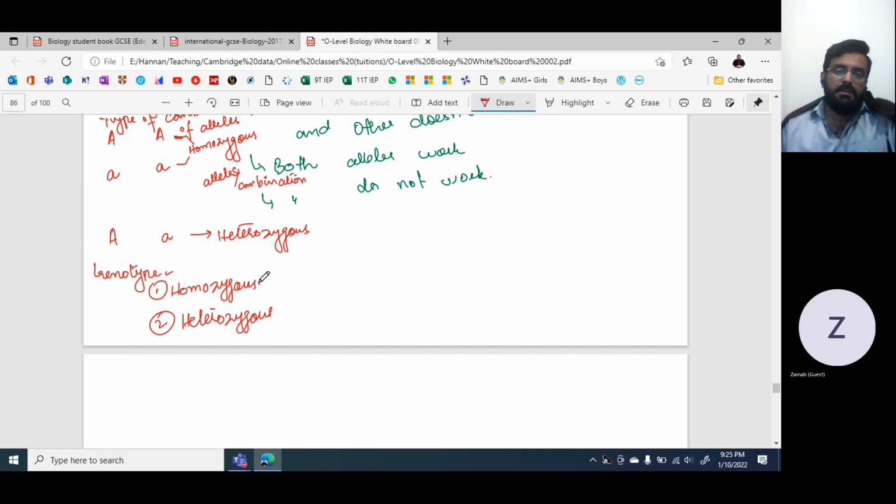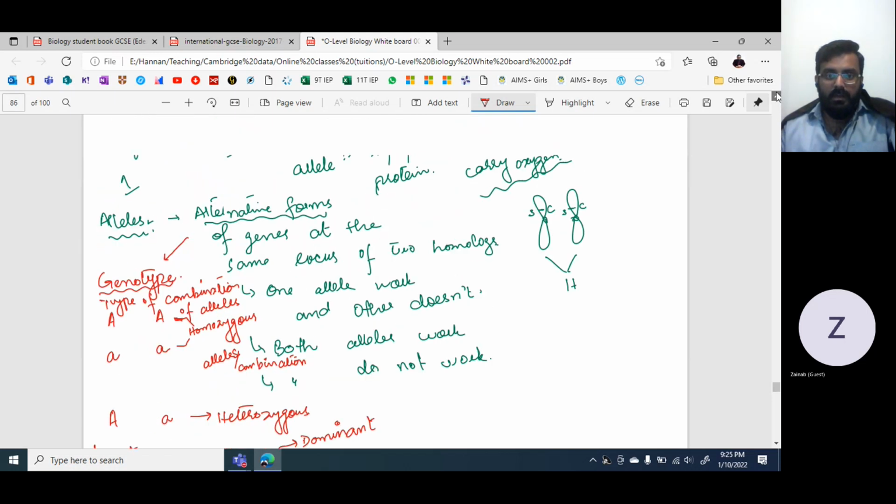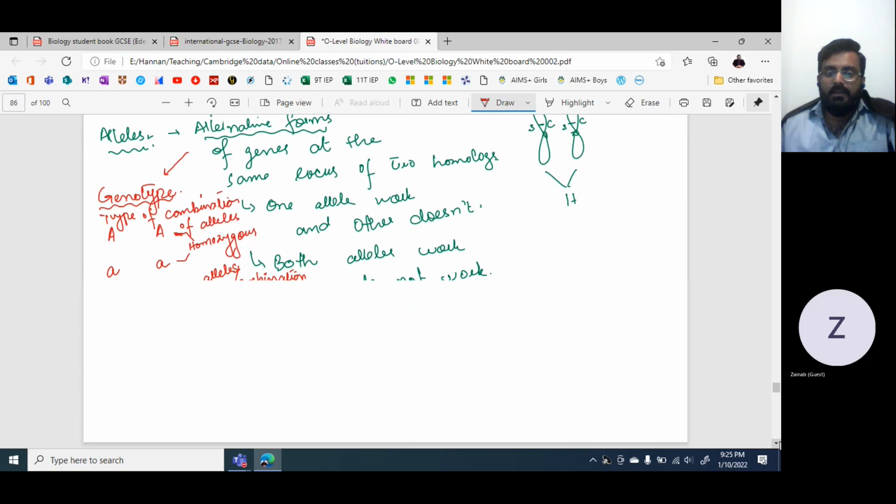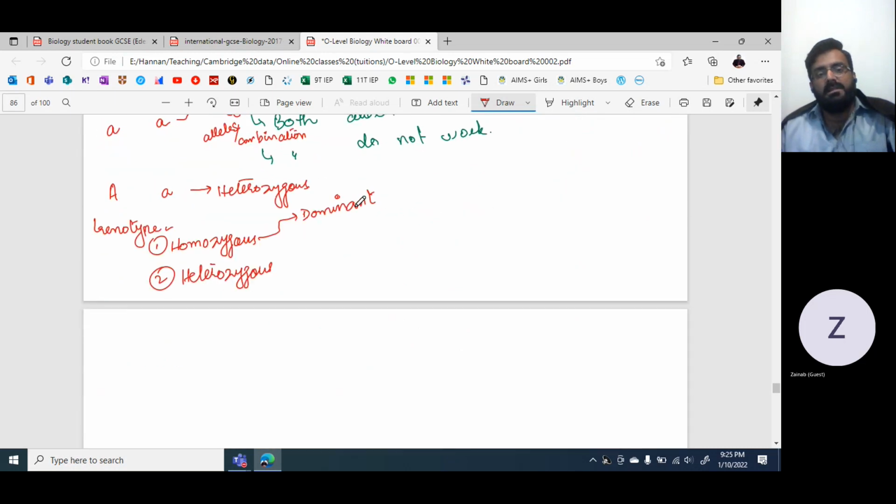In homozygous, both can be capital or both can be dominant, because I am mentioning dominant as capital. I think you have seen here. Those which are properly working would be called dominant. So if it is mentioned in capital, it means these are dominant.